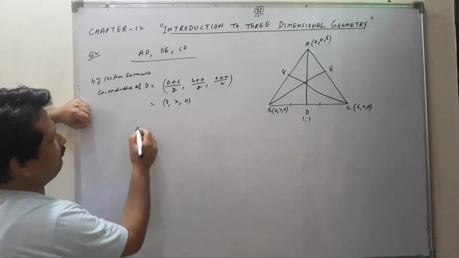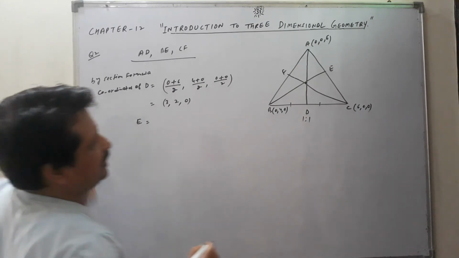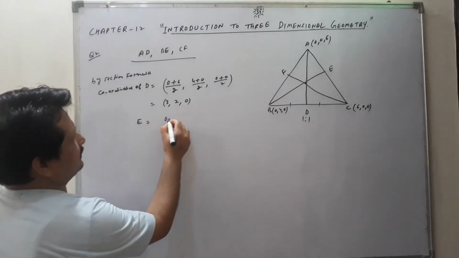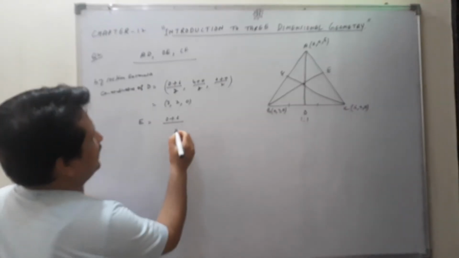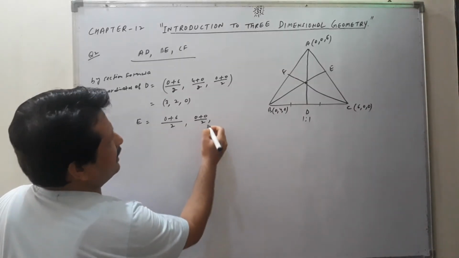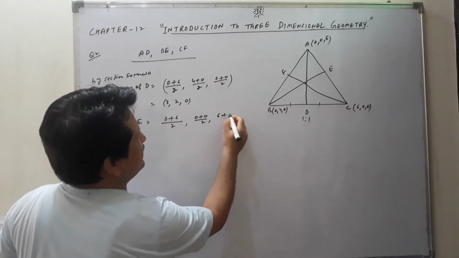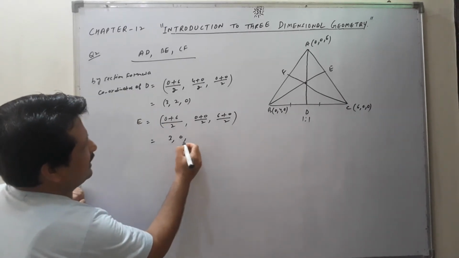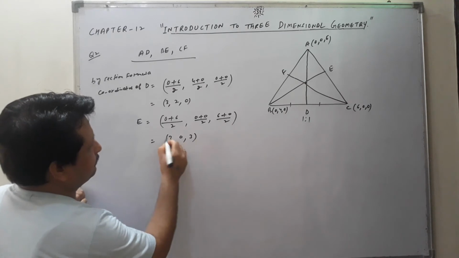Now the coordinate of E. E is the midpoint of AC. So 0 plus 6 divided by 2, then 0 plus 0 divided by 2, then 6 plus 0 divided by 2. It will come as 3, 0, 3.